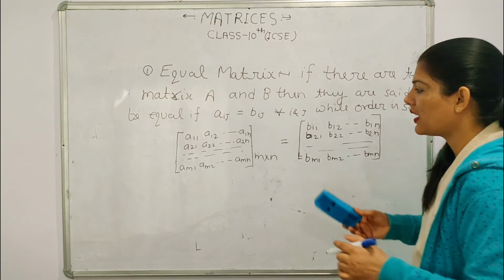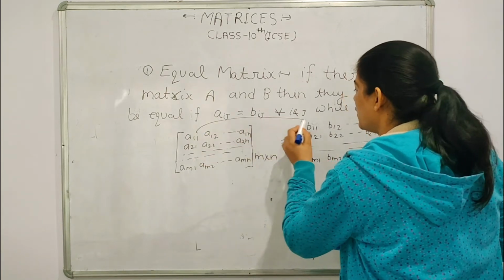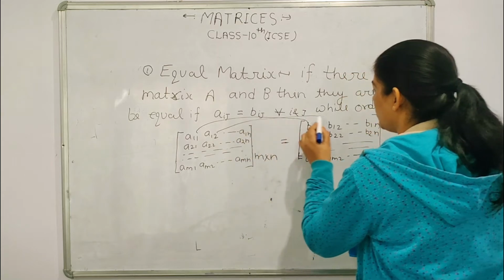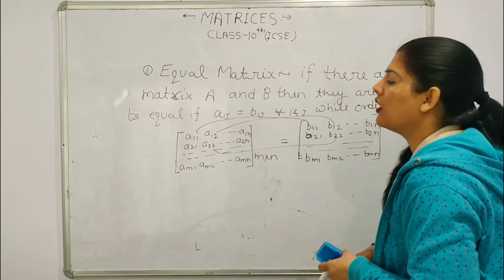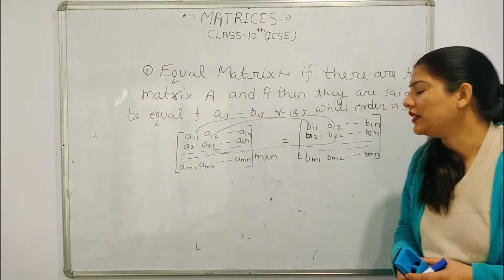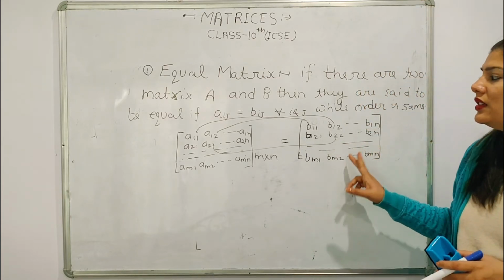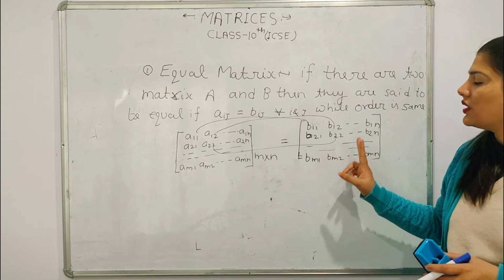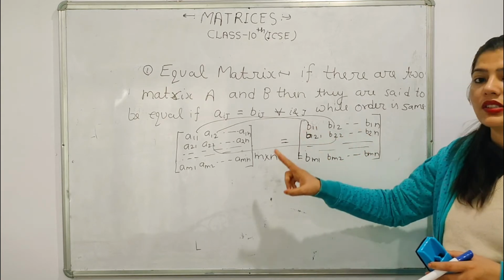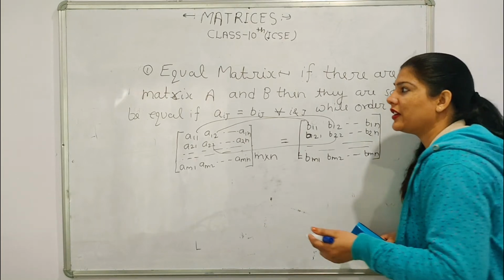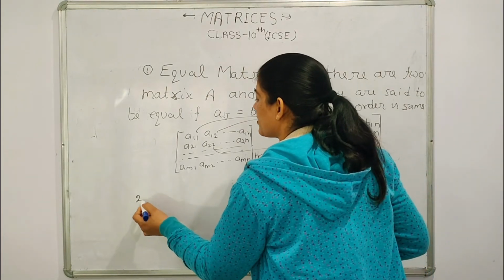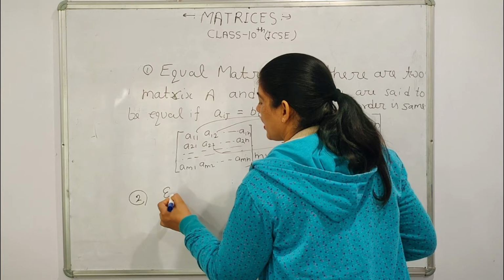So in this case, each element is equal to the corresponding element. Then these two matrices are said to be equal matrices. And what is an equivalent matrix? An equivalent matrix is not an equal matrix.